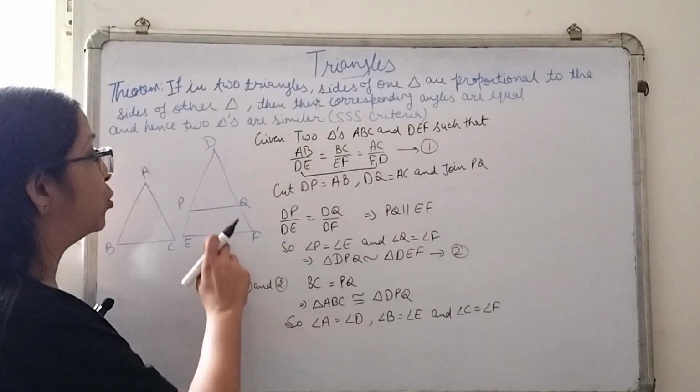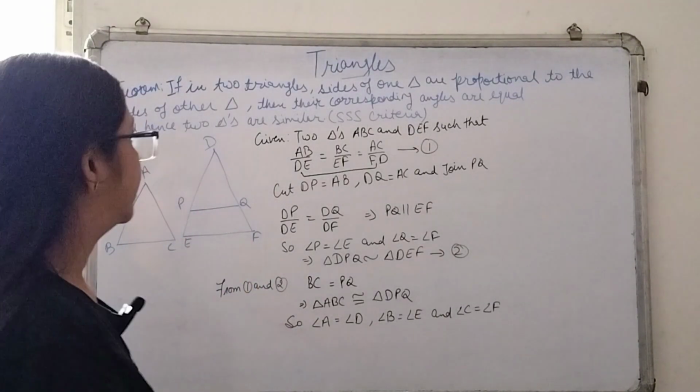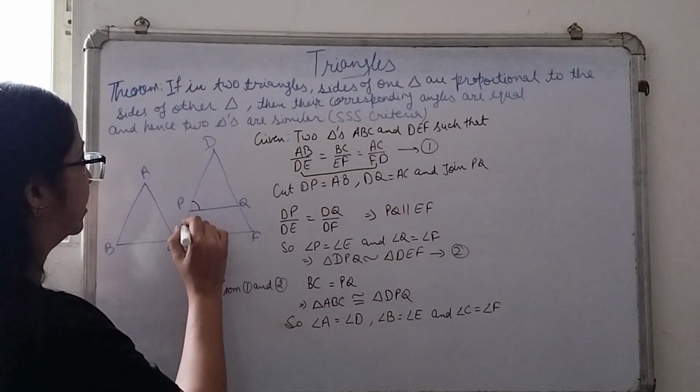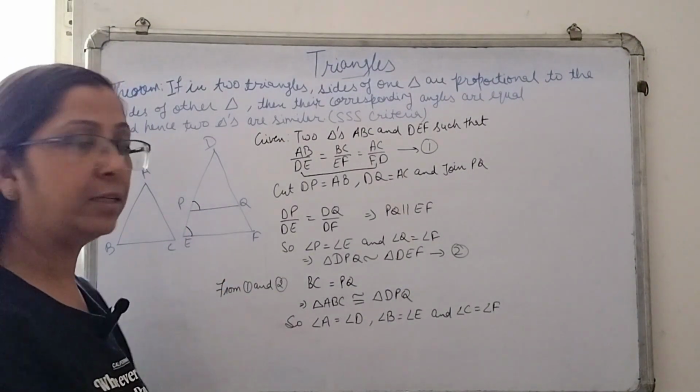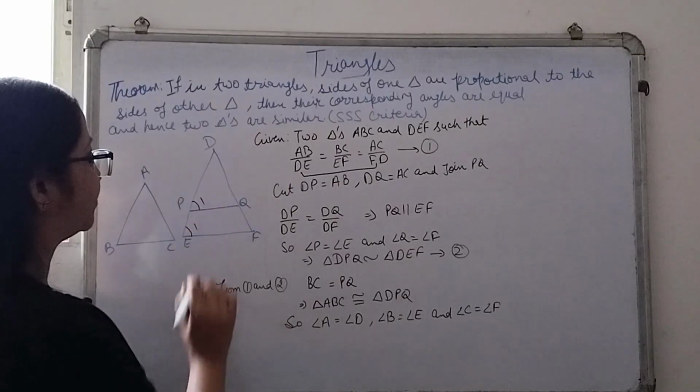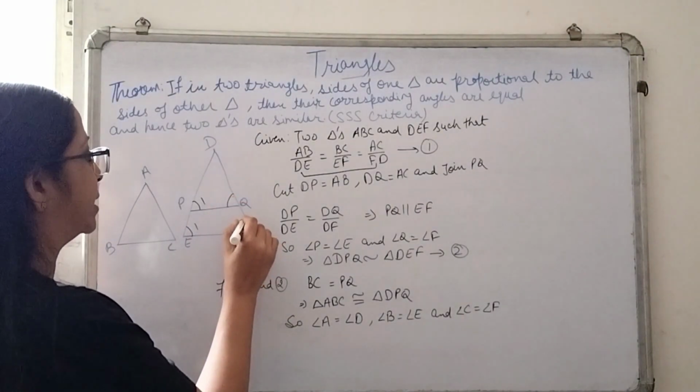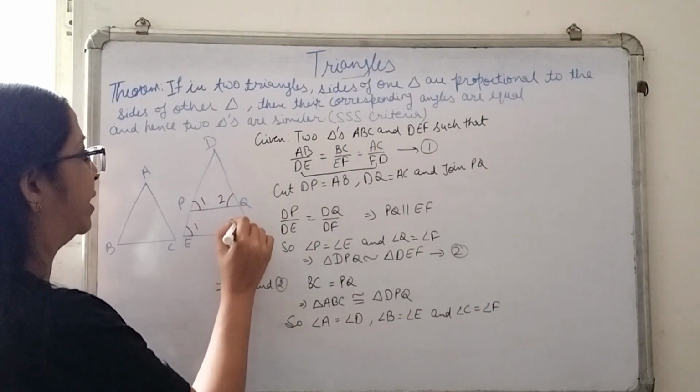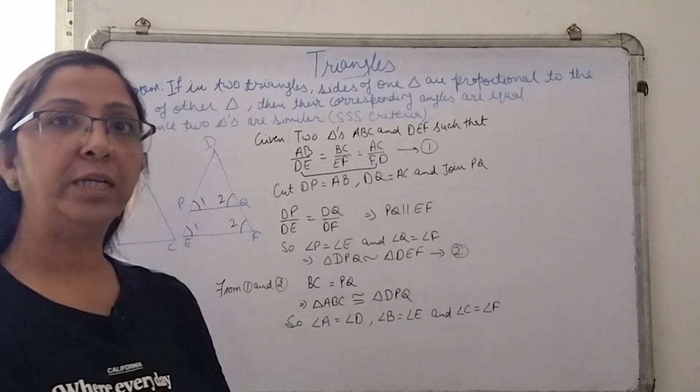Now if these two are parallel to each other, then this angle and this angle are both corresponding angles, so both of them will be equal. This angle Q and this angle F are corresponding angles, so they will also be equal.